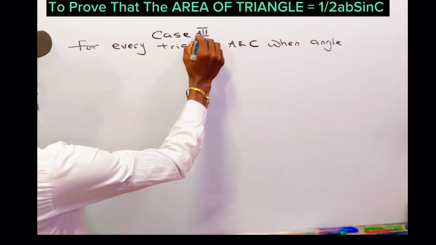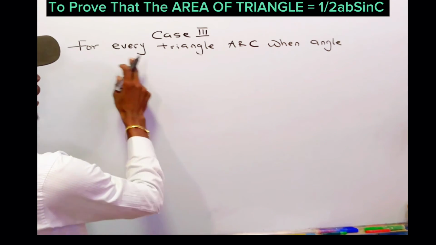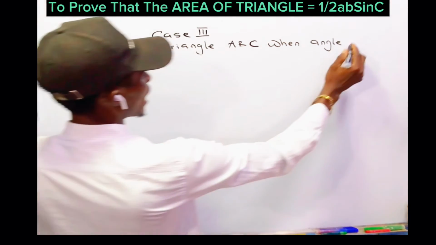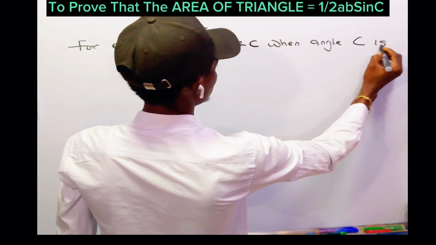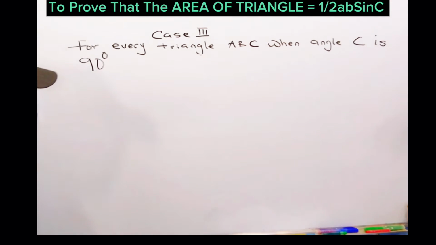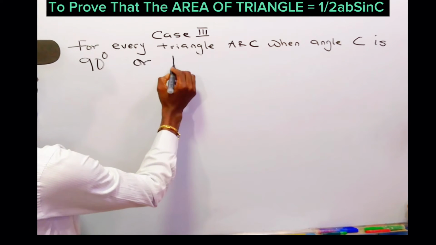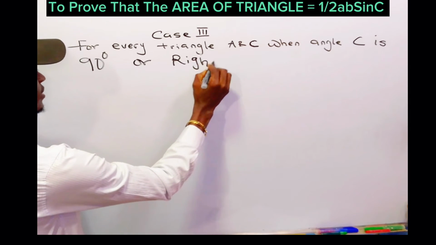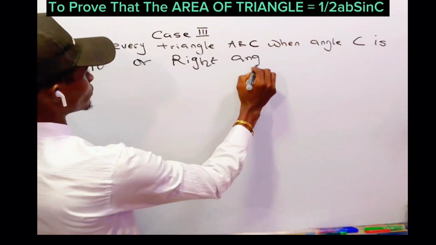Case number 3 is for every triangle ABC when angle C is 90 degrees or a right angle.